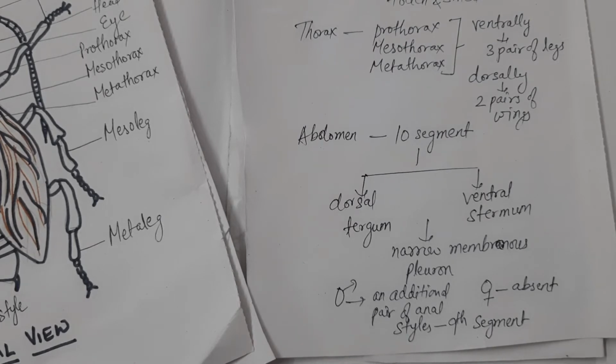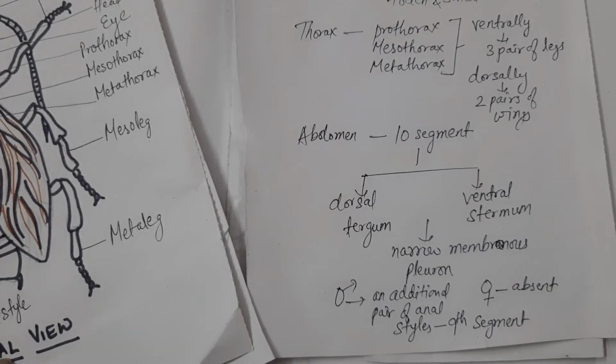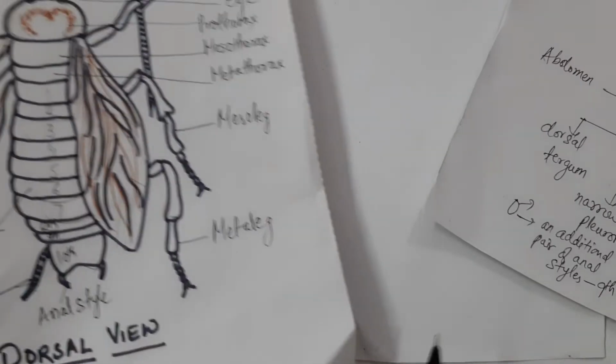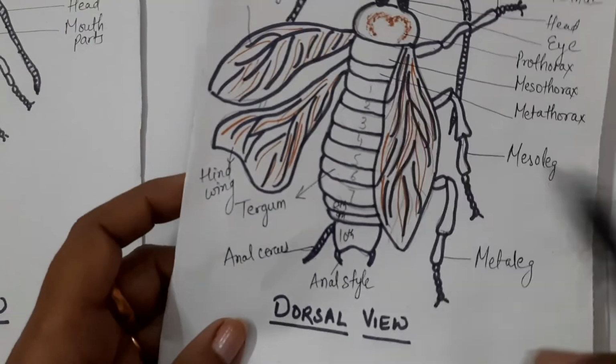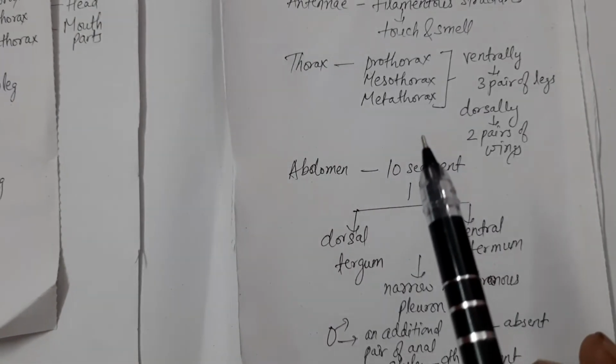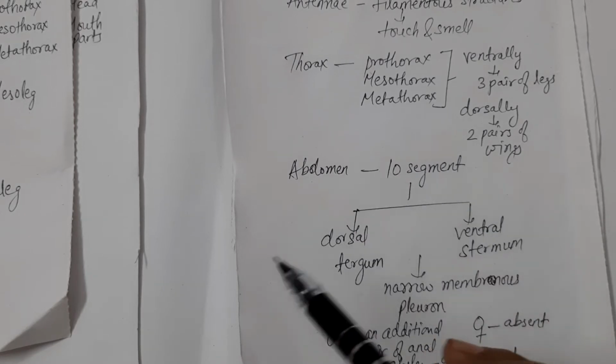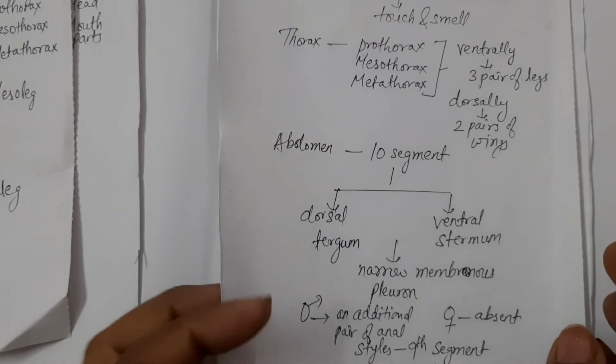Then one more feature which we have not yet discussed is the spiracles. Spiracles are a series of slit-like openings, 10 pairs, one on either side of the body, 2 on the thorax, 8 on the abdomen, and these spiracles let the air into the special tubes called trachea. So they help in the respiration process.